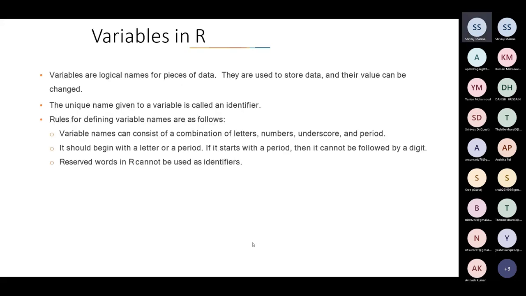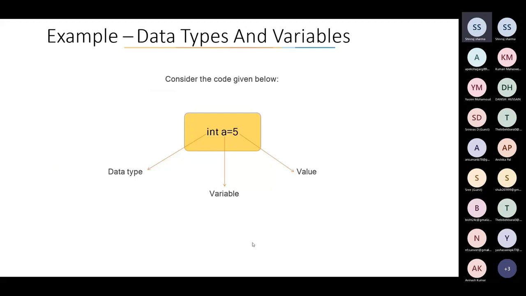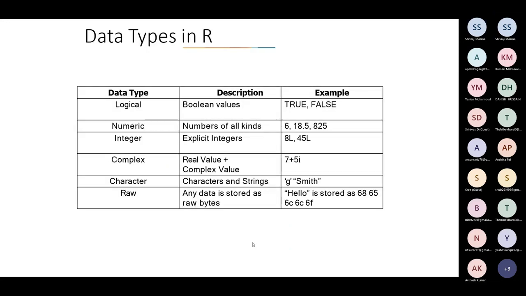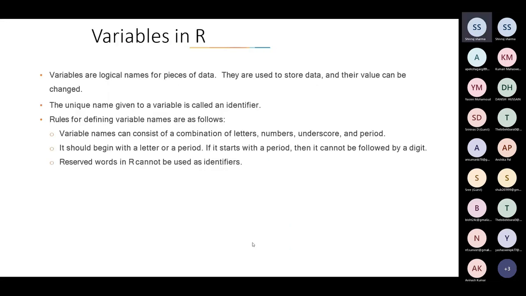And what is a variable? Variables are logical names for a piece of data. See here, the variable a: we have a value with us, and we assign that value a name. So if we are assigning any name to our value, that is the variable. Why do we assign a variable? Because we need to store that data in a particular place.